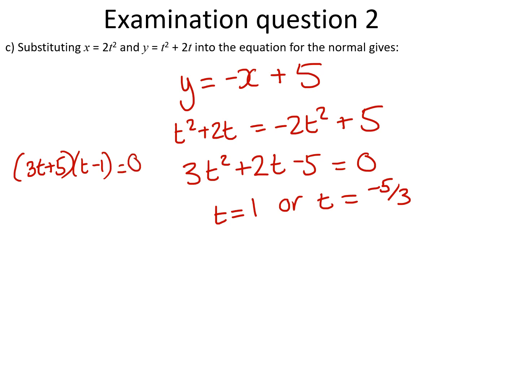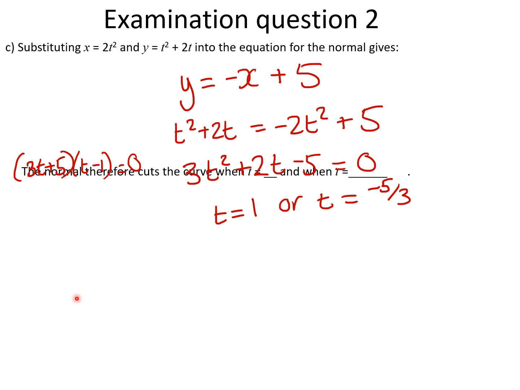Right, now we've got the t values. If t was 1, I get point P, which I've already had. No point finding point P again. So point Q must be on this other one. Finding the x and y coordinates, just stick them back into the original parametric equations.